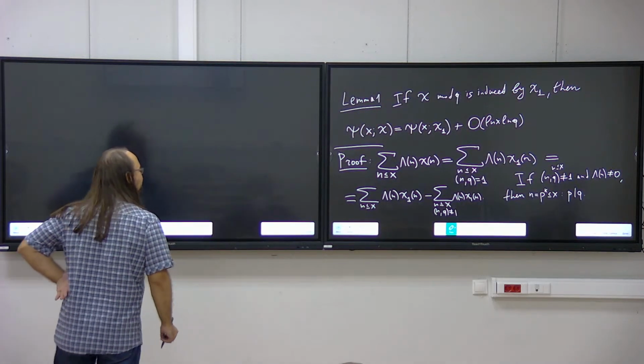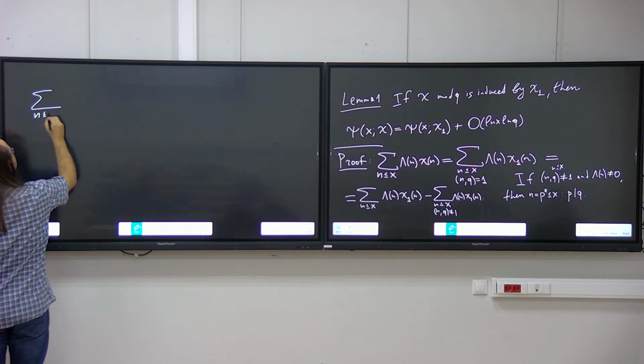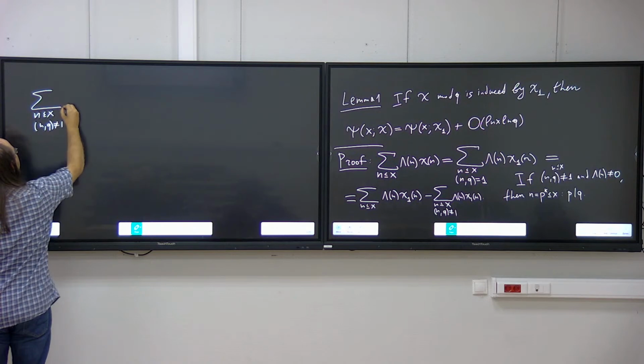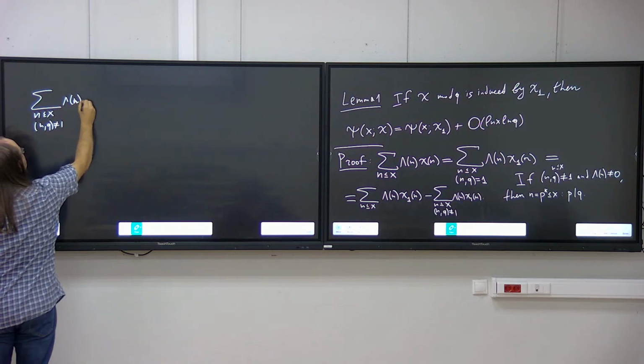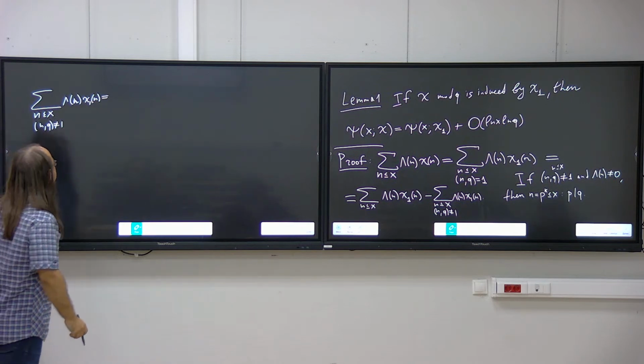Okay, now this means that the sum over all n less than or equal to x, n and q not coprime, lambda of n, chi 1 of n is equal to the following.